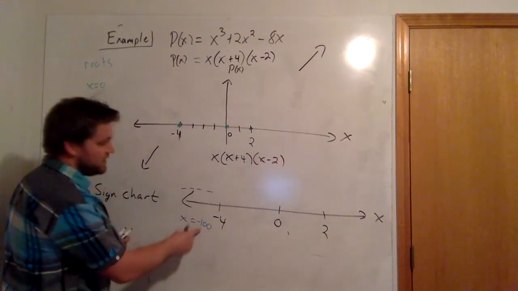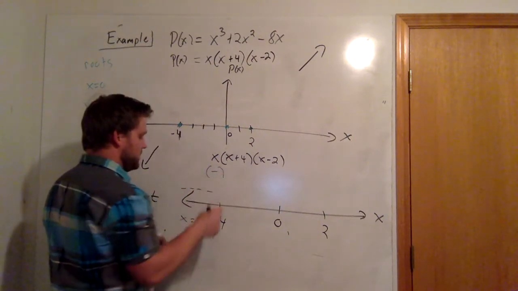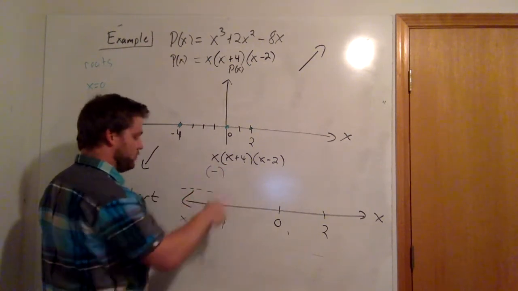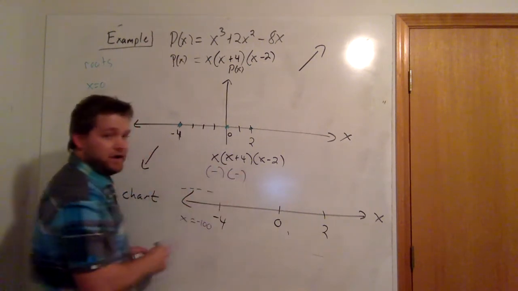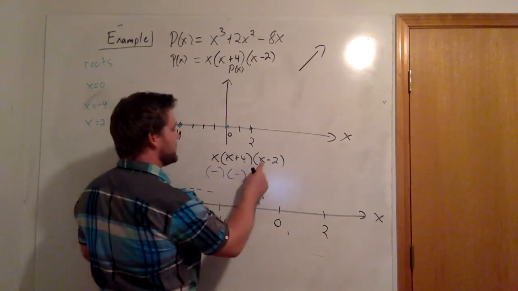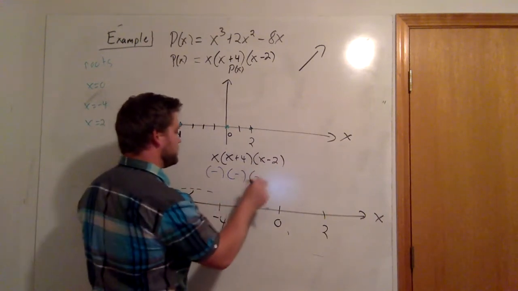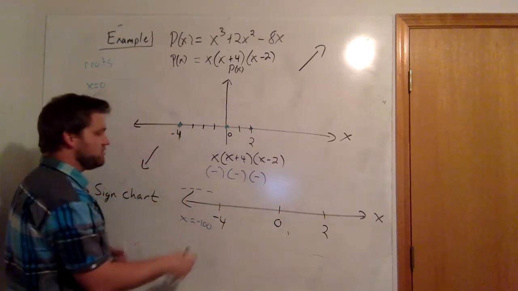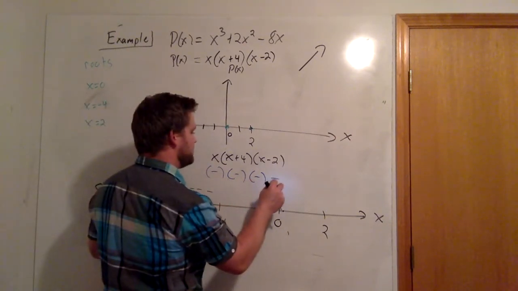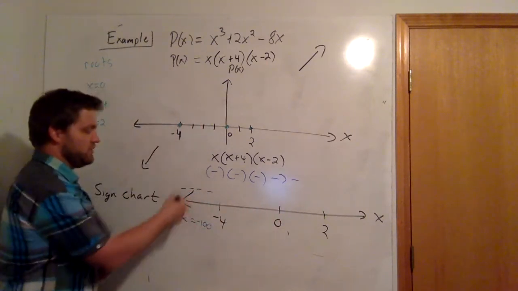Well, if I plug in -100 for x, that's going to be a negative value. If I plug in -100 for x here, -100 plus 4 is still a negative value. If I plug in -100 here for x, -100 minus 2 is still a negative number. So when I plug in -100, I get a negative times a negative times a negative, which has a net value of negative. So when I plug in -100, I'm going to get an output value of negative.